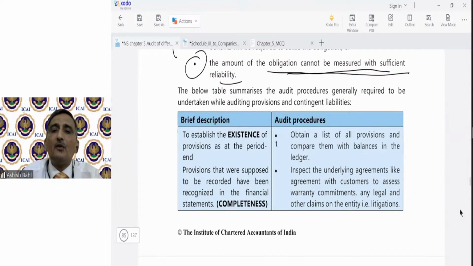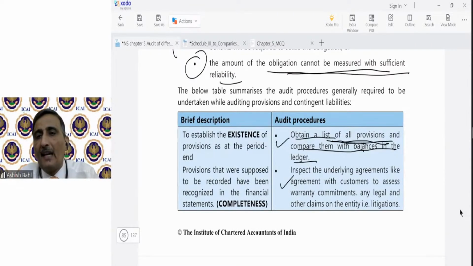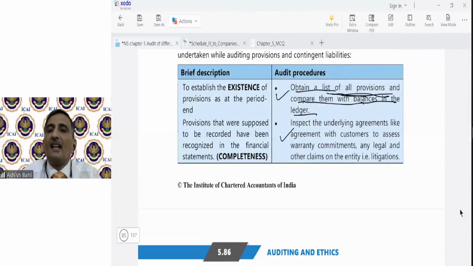So he has to see whether all the provisions which have been made, these in fact exist, these were required to be made. So obtain a list of all provisions and compare them with the balance in the ledger. So what is reflected in the balance sheet, what is reflected in the financial statements, it is there in the books of accounts. Okay.